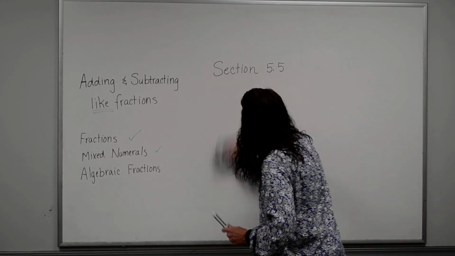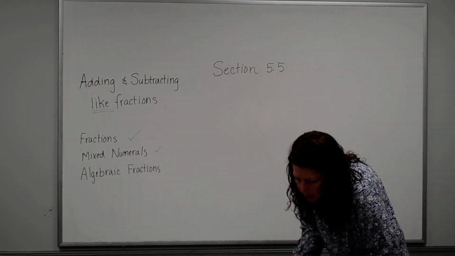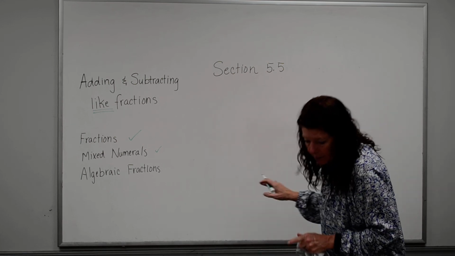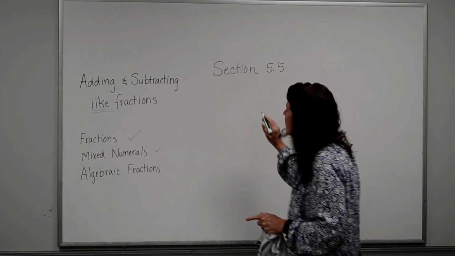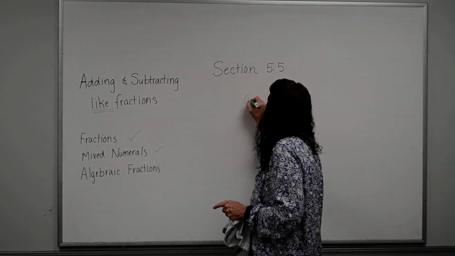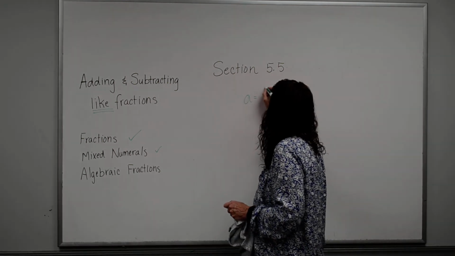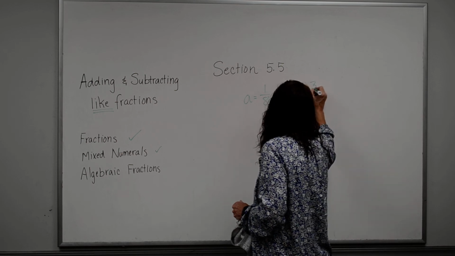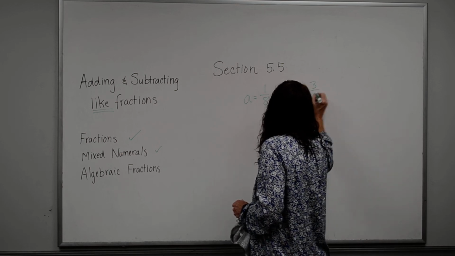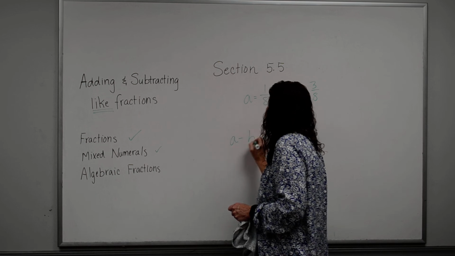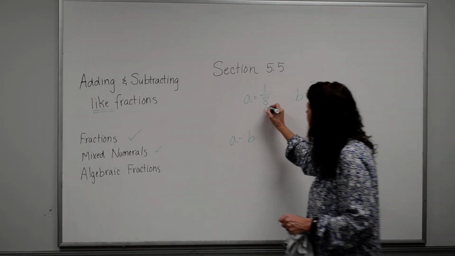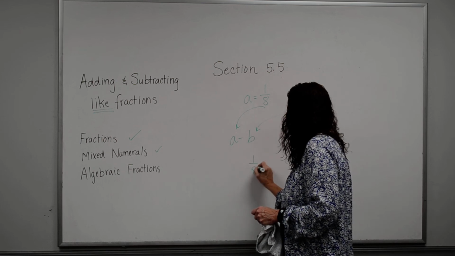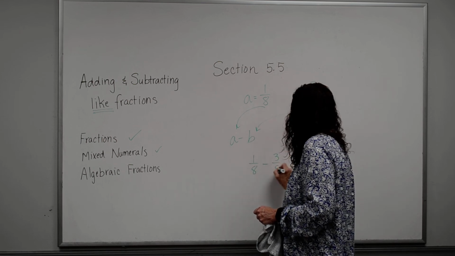So I'm going to go ahead and give you your homework for this section. Sometimes one other part of this is they do the evaluation where they go at the top, A is equal to 1/8 and B is equal to 3/8, and you want to evaluate for A minus B. Remember on those, you're substituting in, so I have 1/8 minus 3/8.